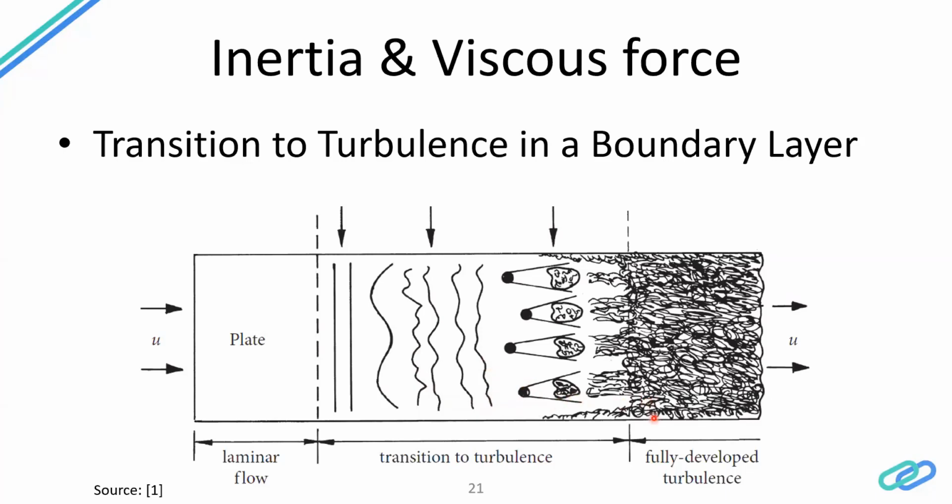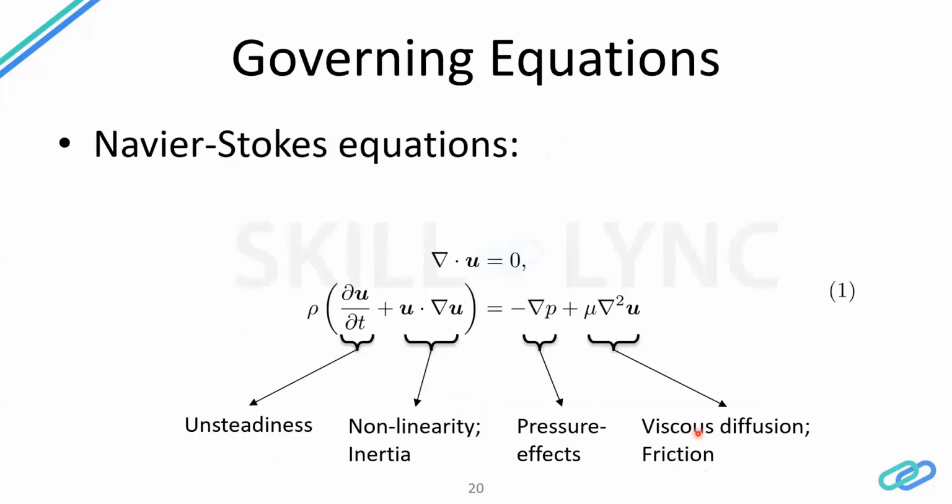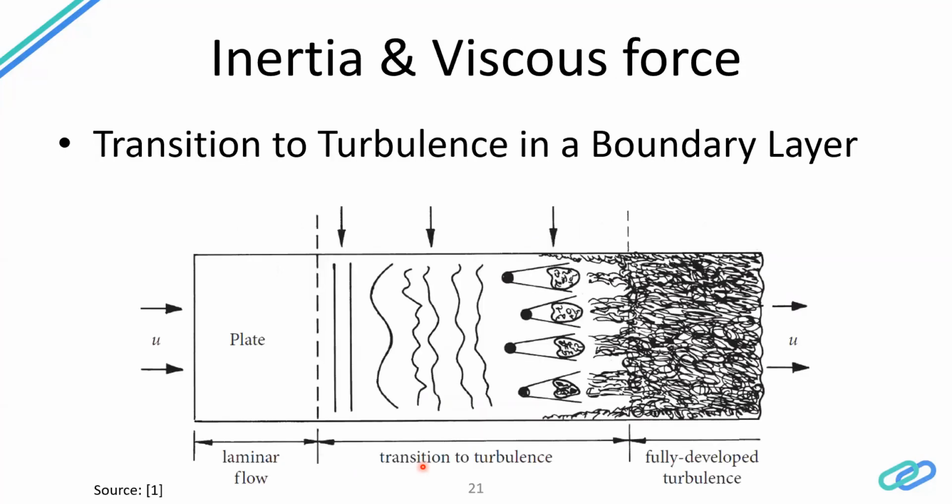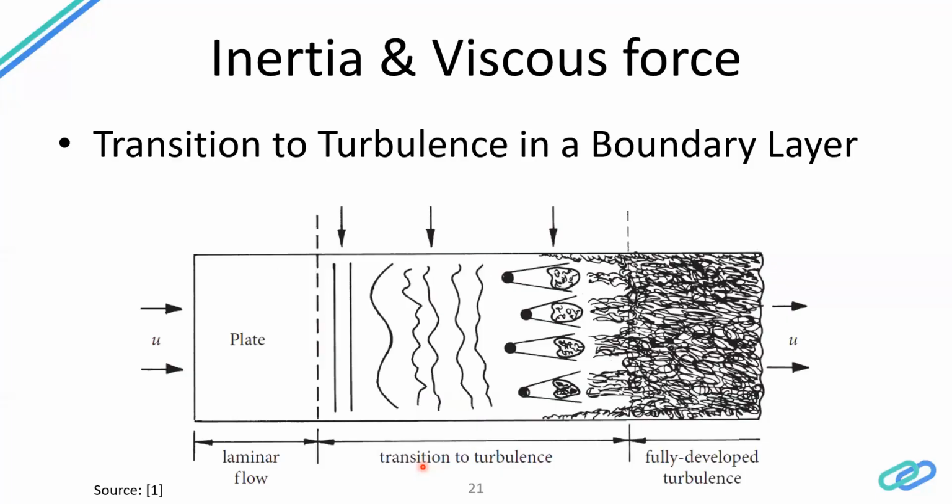And eventually, we just have a forest of vortices or eddies. And in this fully developed turbulent flow, there is total domination of the nonlinear or the inertia term. So what we learned is that when the inertial term dominates, there is highly likely to be developed turbulent flow.